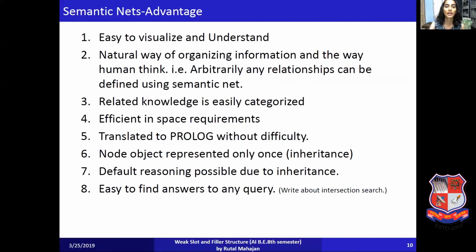Now let's see the list of advantages of semantic net. It is easy to visualize and understand because it is a natural way of organizing information, the way humans think. Generally, we all know how to represent particular things using these concepts, nodes and arcs, even before knowing semantic nets.